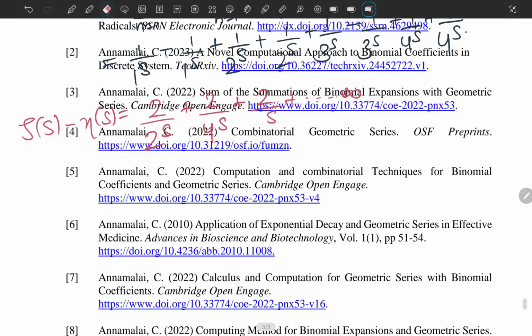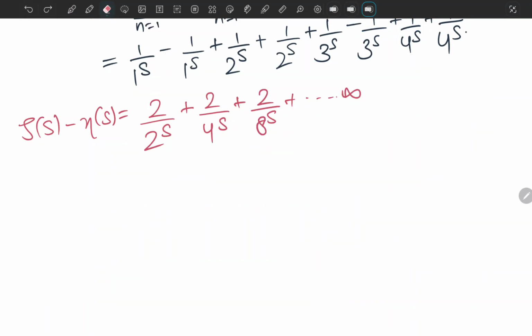I'm sorry, I just forgot something, let me fix it. So it's 6 to the S and plus dot dot dot. Let me write down the next term, that is 2 over 8 to the S and dot dot dot to infinity, right?